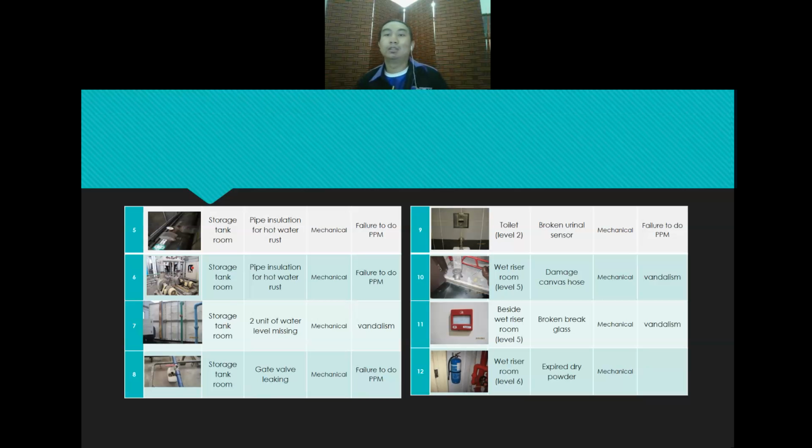Next, the broken urinal sensors. There are about 3 or 4 urinal sensors in the toilet that are broken. This is due to failure to do PPM or corrective maintenance.